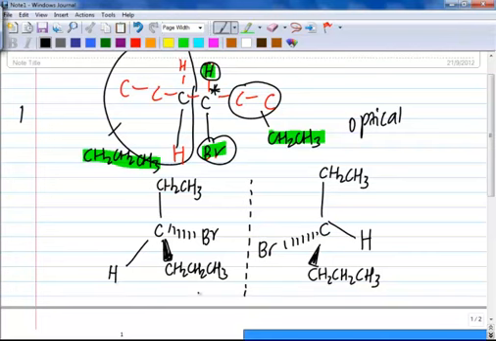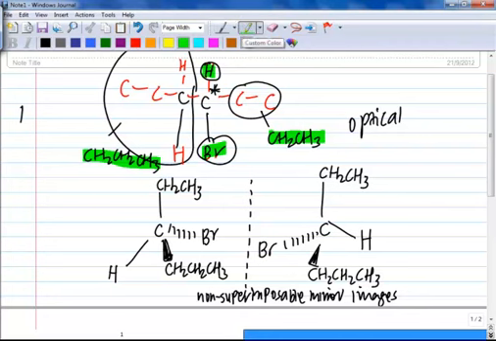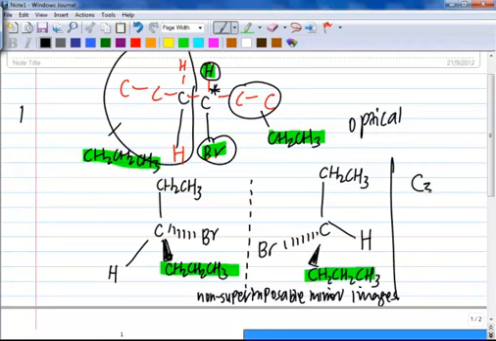Yeah, and one last part, the non-superimposable mirror images, okay? Take note of how you draw the carbon. The carbon here must be linked directly to this carbon. Can you put C3H7? No. Anybody put C3H7? Not correct.